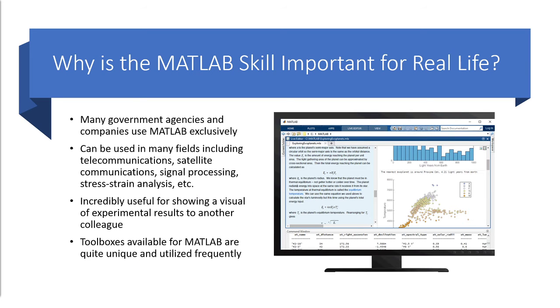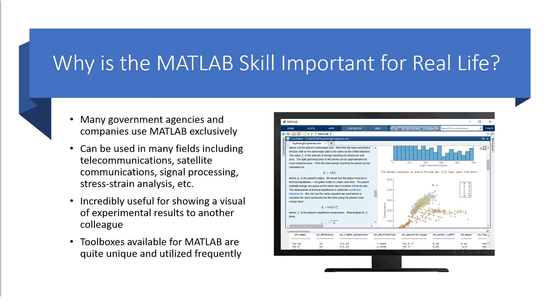So I also mentioned previously, along with my other claim, that MATLAB is also a very important skill for life, and not knowing it could really hurt an engineer down the road, or at least an engineering student down the road.